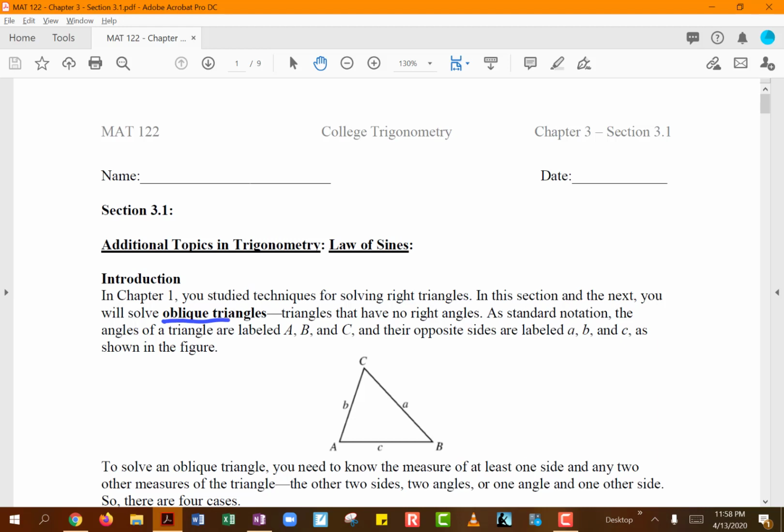Oblique triangles basically means triangles that have no right angles in them. You can have an acute angle in them, you can have an obtuse angle in them, they just won't be 90-degree angles. Again, remember we use capital letters to label our angles, and we use small letters for our sides, which would be opposite to those angles.